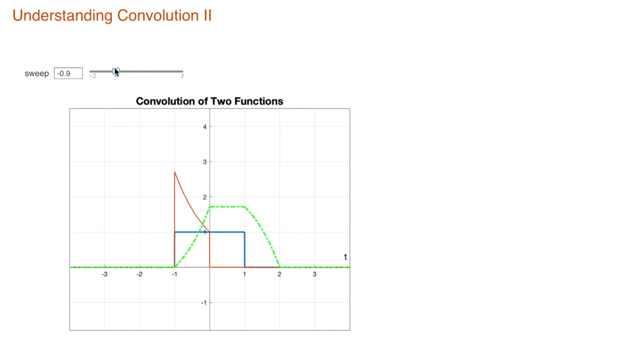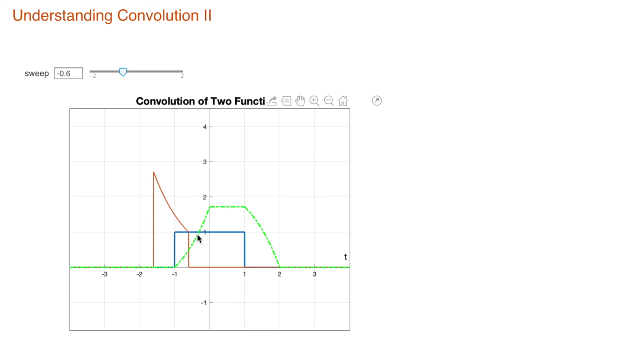Now, we can understand why that's happening: we've got a negative exponential decay going on. We can see that as we start to sweep this function further and further right, the rate of increase in overlap is getting greater and greater, because this slope is getting higher and higher, increasing at higher rates as we sweep this red function across.